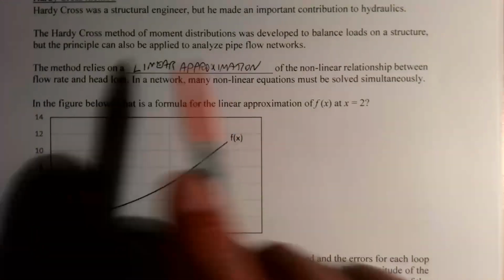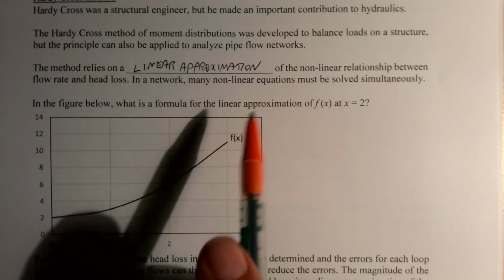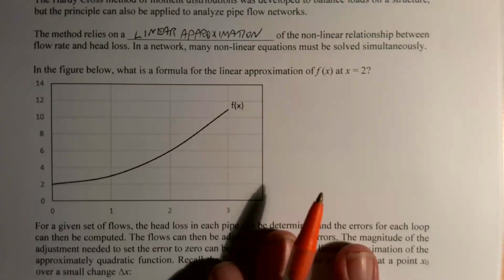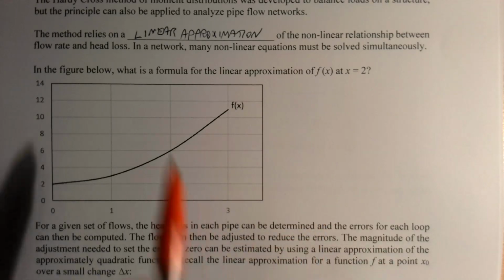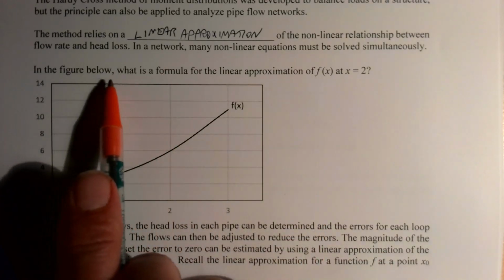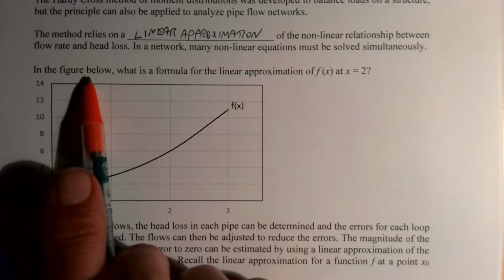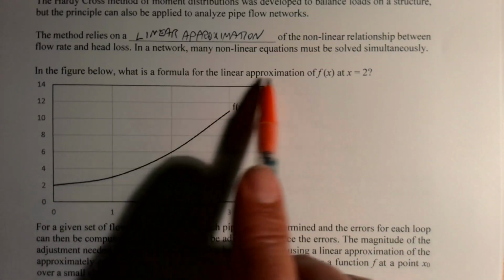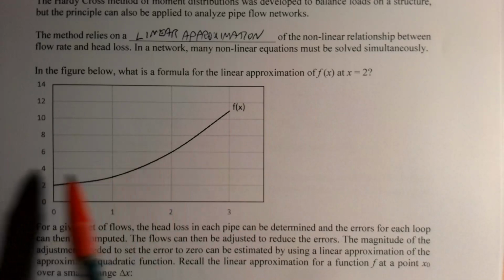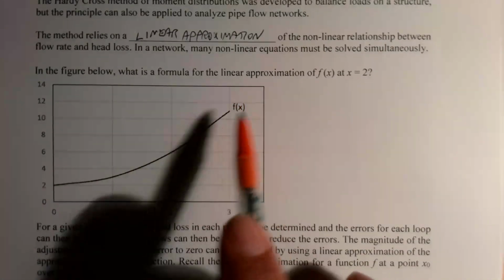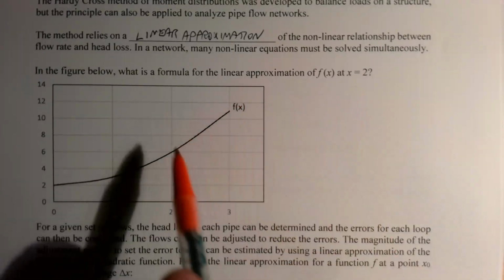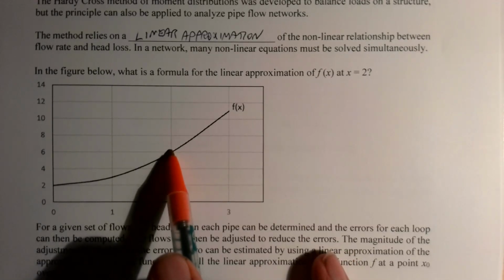So let's think a little bit about this idea of a linear approximation. Just as a reminder, hopefully something that you learned in your algebra, calculus classes. In the figure here below, what is the formula for the linear interpolation of this function f of x? We're not told the equation, we're just given this curve, and then at x equals 2, we want to write a linear approximation.